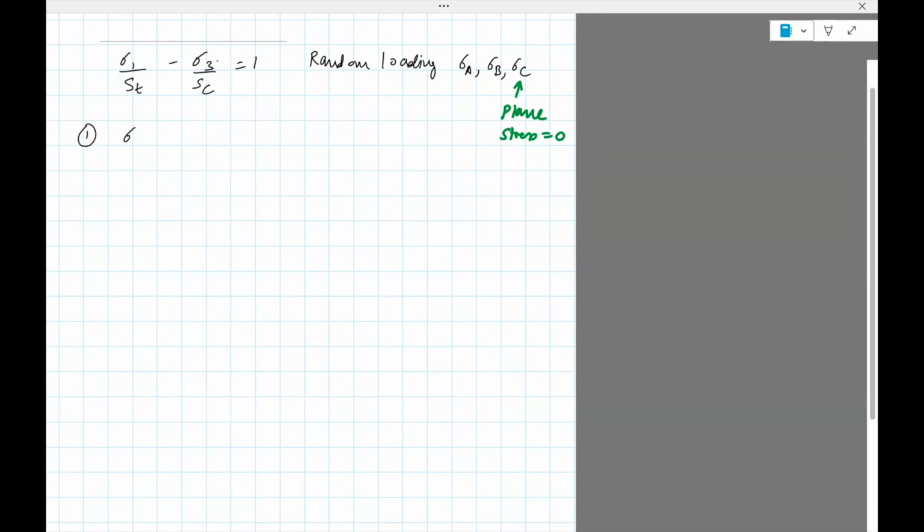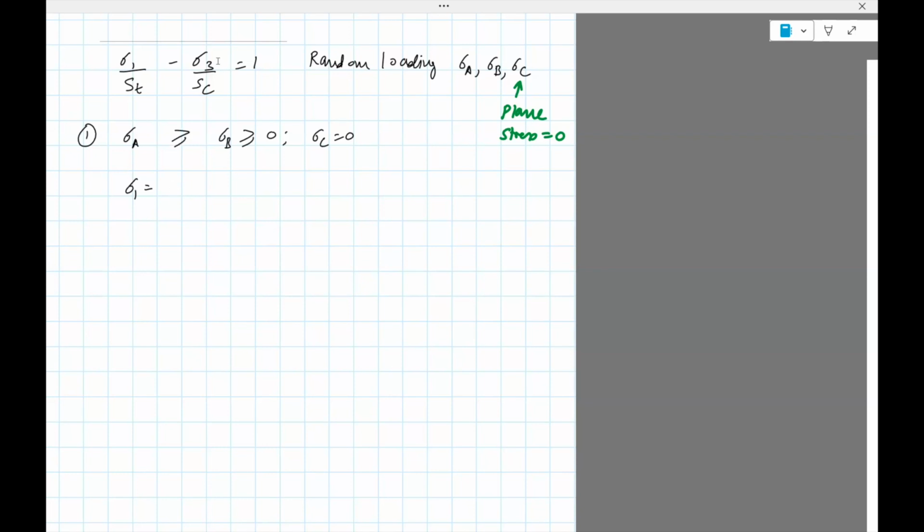So what we'll do here is assume some values for these. It'll help us to draw the safety region in a sigma A, sigma B plane. Let's assume that the two stresses you get from Mohr circle are positive, and the third stress is clearly 0. That's the plane stress condition. So in this case, sigma 1 will be the bigger of the two values. I should rather put sigma A greater than sigma B greater than 0.